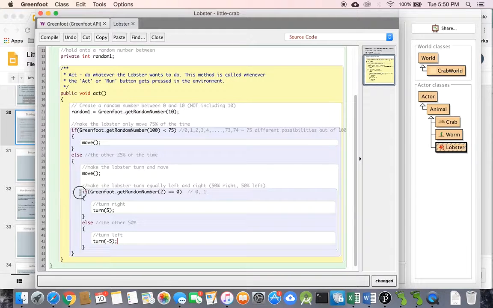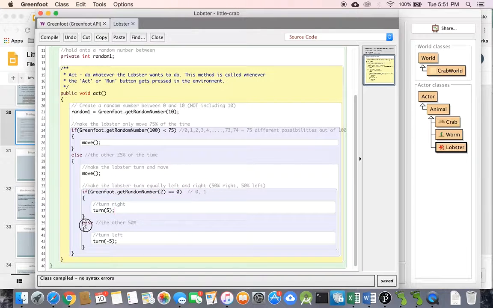Okay, so now we've got, if Greenfoot random number 2 is equal to 0, make it turn 5. So that means 1 out of the possible 2 answers would be 0. 1 of 2 is 50%. We are turning 5 degrees 50% of the time.